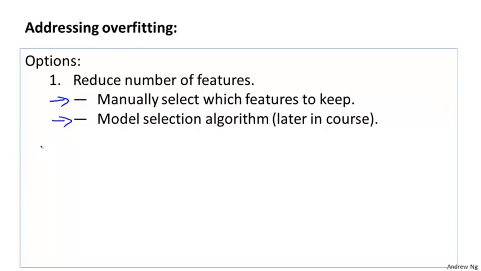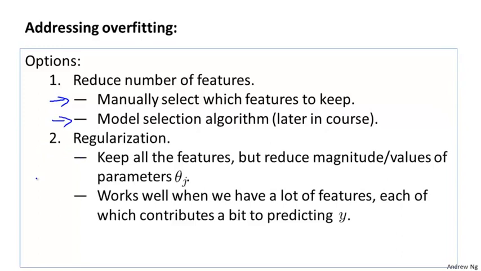But the disadvantage is that by throwing away some of the features, you are also throwing away some of the information you have about the problem. For example, maybe all of those features are actually useful for predicting the price of a house, so maybe we don't actually want to throw some of our information or throw some of our features away. The second option, which we'll talk about in the next few videos, is regularization.